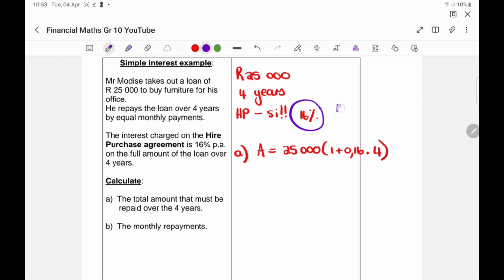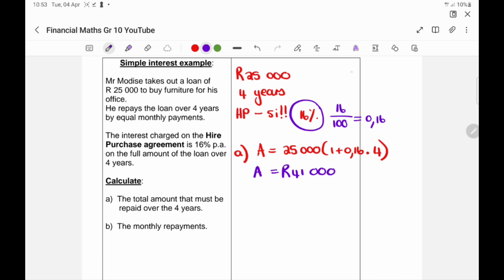But we normally write it as a decimal, 0.16. Just like that into your calculator: 25,000 times 1 plus 0.16 times 4, and that would give you 41,000 Rand.